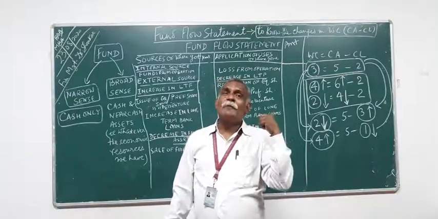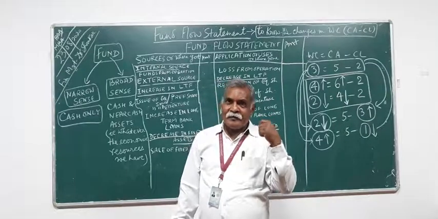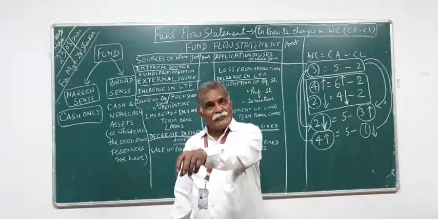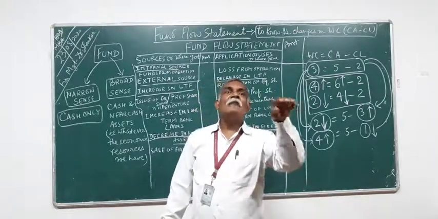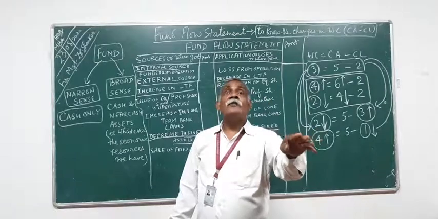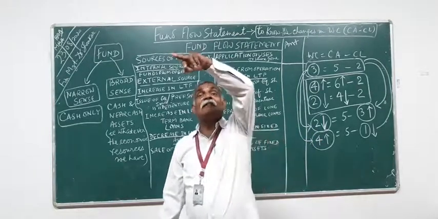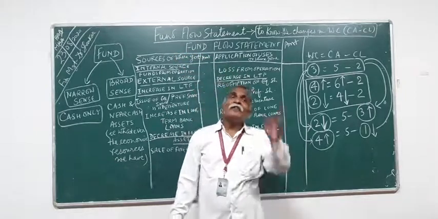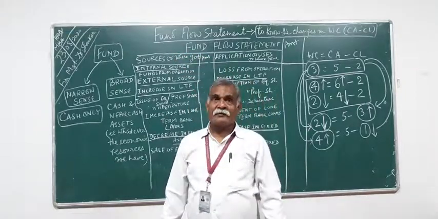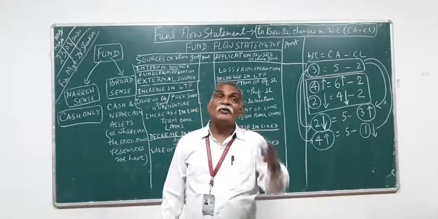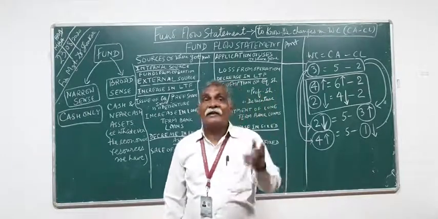So when we prepare funds from operation, we take the amount of net profit from the PL account, and thereafter we add those items which decrease the net profit, that is non-operating expenses and losses and non-cash charges.